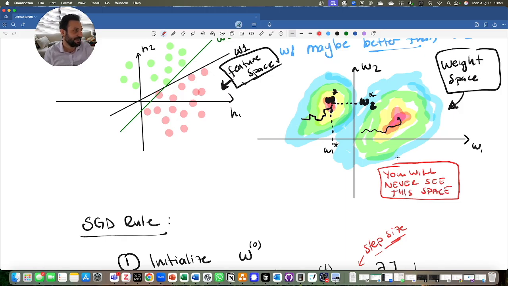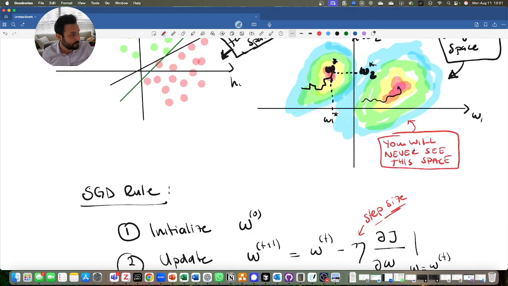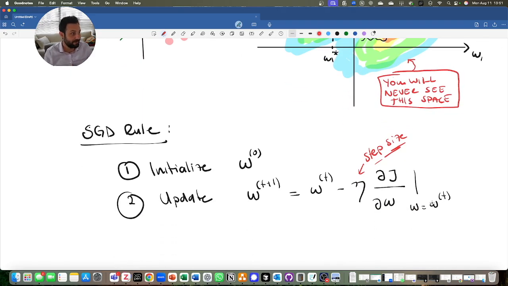This is just a demonstration for you to see what's happening under the hood. Typically you're talking about a J that's involved, and the W has a very large dimensionality.